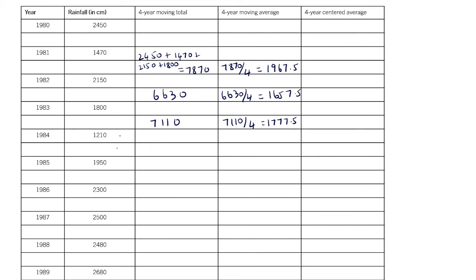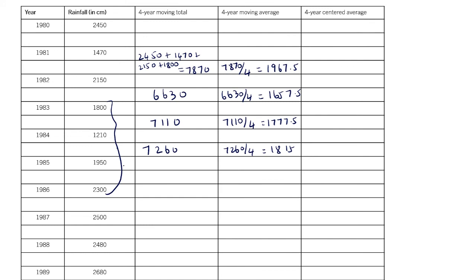And now coming to the next 4-year moving total. So it is 1800 plus 1210 plus 1950 plus 2300. When we add all these, we get 7260. And the 4-year moving average is 7260 by 4. It is 1815.